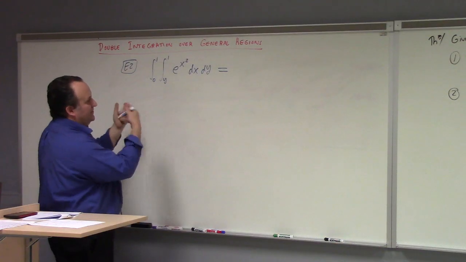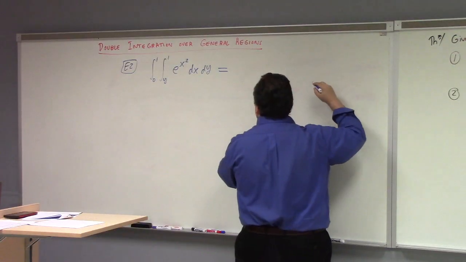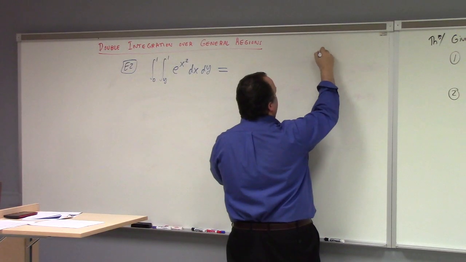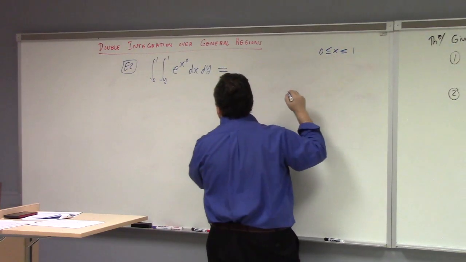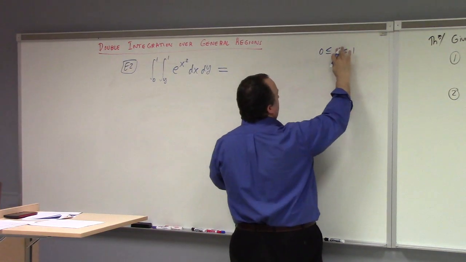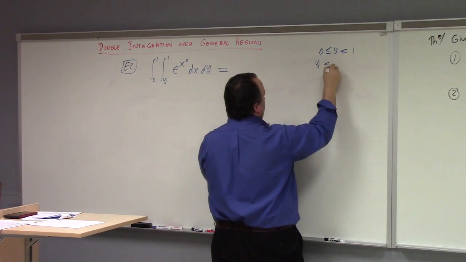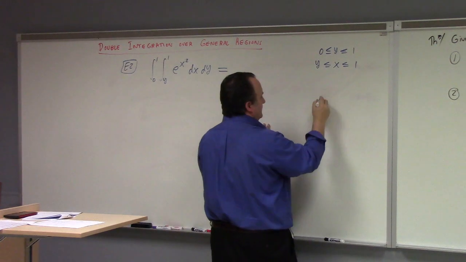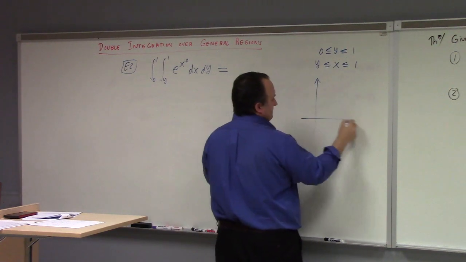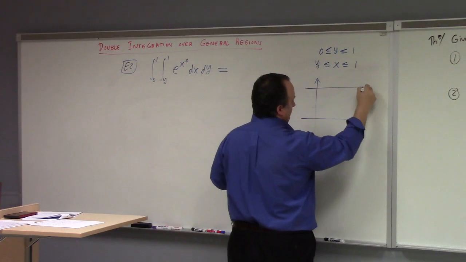So I need to flip the order of the bounds. In order to do that, I need to draw a picture. I need to understand what I'm looking at. So here I have 0 less than or equal to x, less than or equal to 1. Oh, my bad. Not x, but y. And I have y less than or equal to x, less than or equal to 1. So to graph that, y goes between 0 and 1.